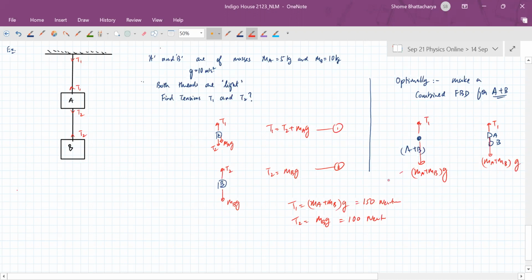So this equation comes directly. So sometimes it's useful to make a combined free body diagram.